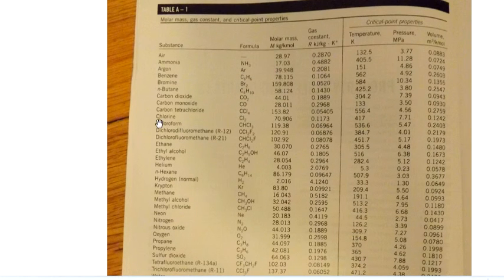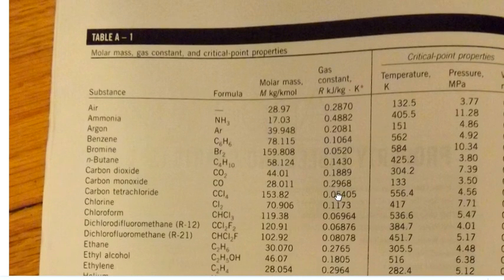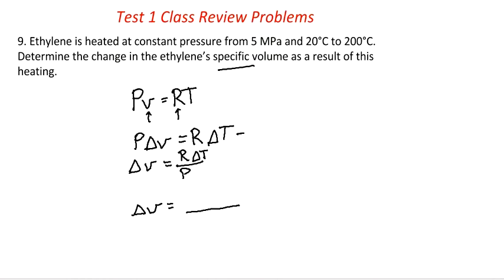Okay, so we're going to look at the ethylene. Let's move it up there. Oh, there we go. It's right down at the bottom, lines up neatly. So that's 0.2964.